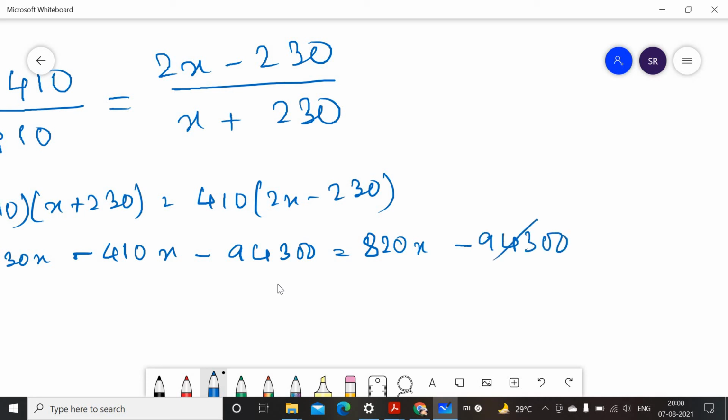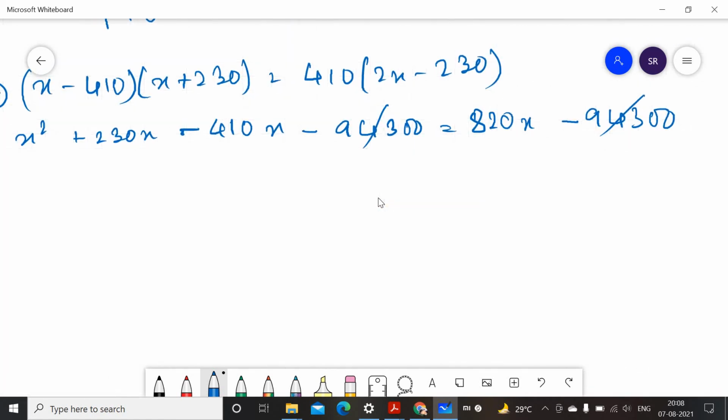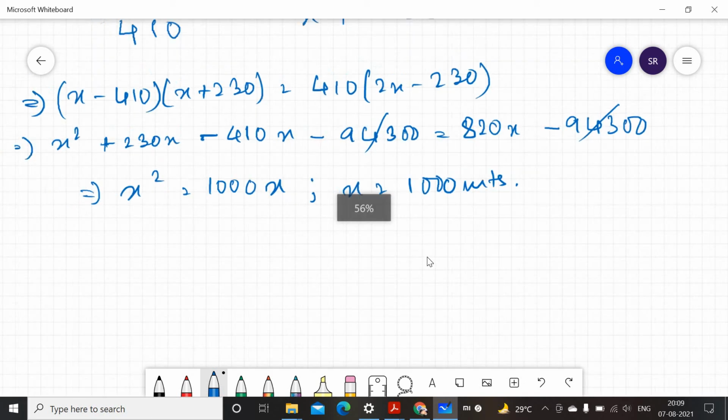So this minus 94,300 will get cancelled, and we are ultimately left with x square equals 1000x, that is x equals 1000 meter, right? So this is how we simply did it.